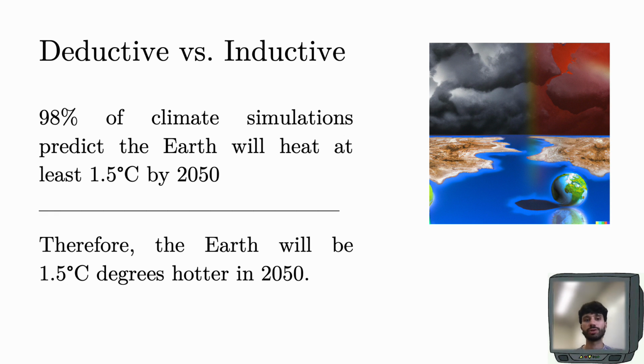So it's not a logical impossibility. But it seems very improbable, given all the science behind climate change, that it's wrong. If it's true that 98% of these simulations predict that it'll heat by 1.5 degrees, then we have good reasons to think that the Earth will actually be 1.5 degrees hotter in 2050. But it's inductive because it's not guaranteed.